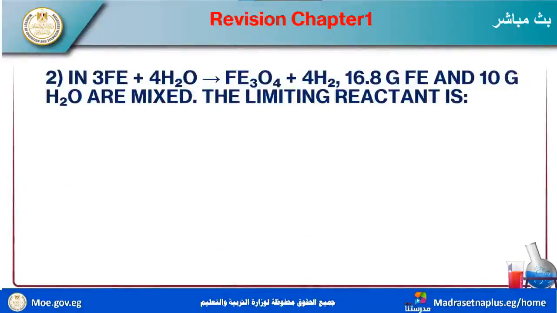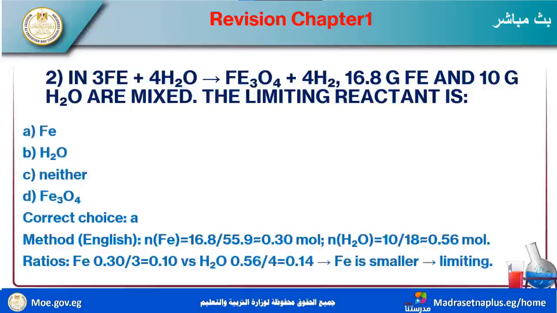And 3Fe reacts with 4H2O to produce Fe3O4 plus 4H2. 16.8 grams of Fe and 10 grams of H2O are mixed. What is the limiting reactant here? The limiting reactant here is iron, or H2O, or neither, or Fe3O4.